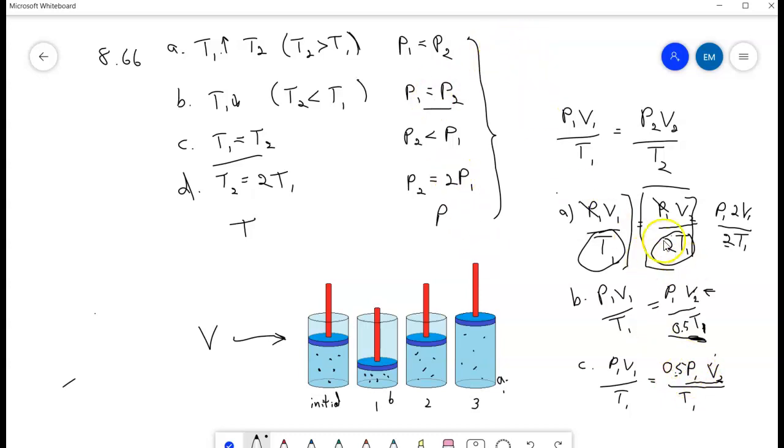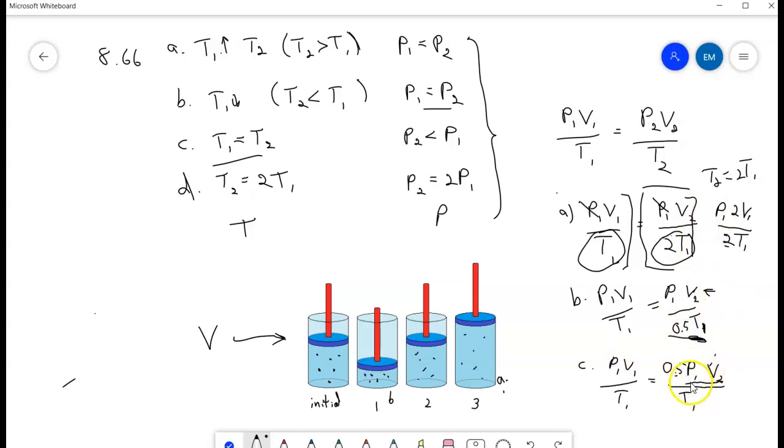In this case, we're saying T2 is equal to 2T1. We don't know that it's 2T1, it could be anything, but it's more than T1. And the same thing with the half, where T2 is equal to half of T1.